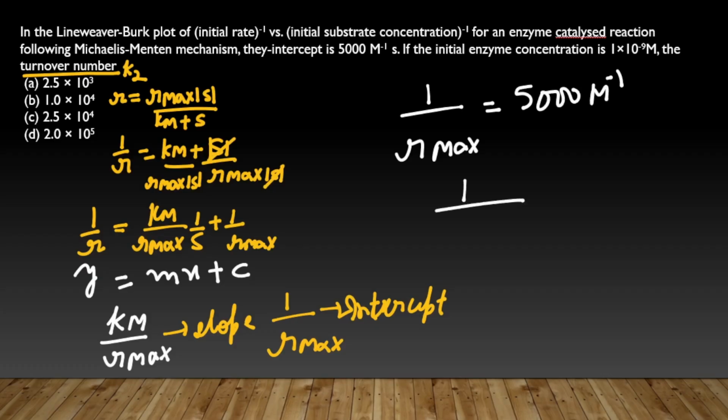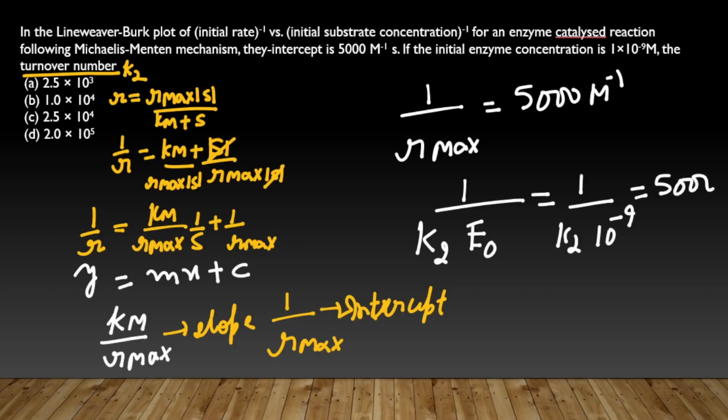So now R max is nothing but K2 into E naught. So this is equal to 1 upon K2 into the initial enzyme concentration, which is given to us as 10 raised to the power of minus 9. This is equal to 5000. So as I said, turnover number is nothing but the K2.